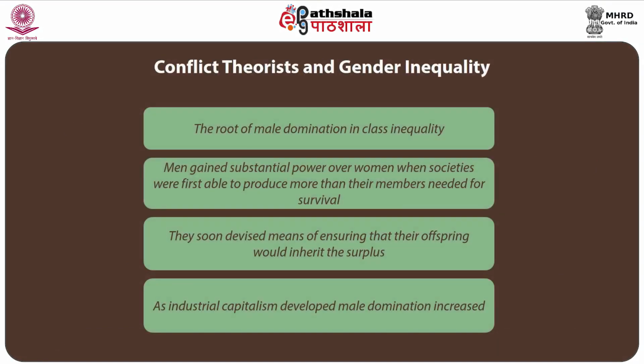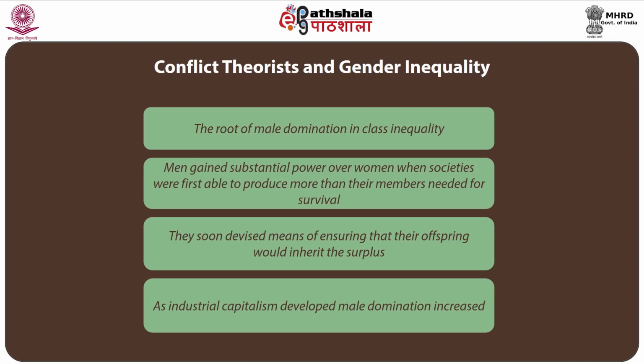There is another theory, the conflict theory of gender inequality. Conflict theorists believe that the root of male domination is class inequality. Men gained substantial power over women when the proletariat societies were first able to produce more than the members needed for survival.